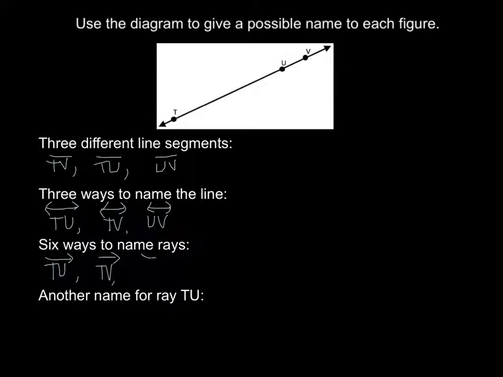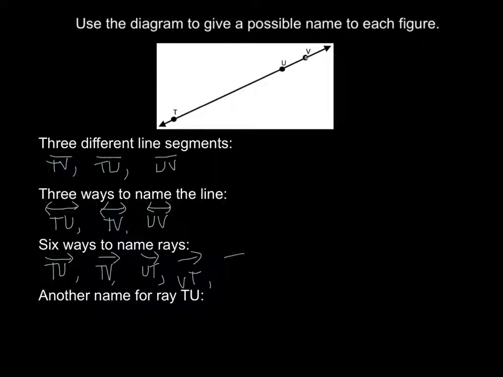I could say ray UT, because I'm going back the other way now. I could say ray VT, because this one has arrows on both sides, if I started at V and went towards T and on forever, that would be number four.